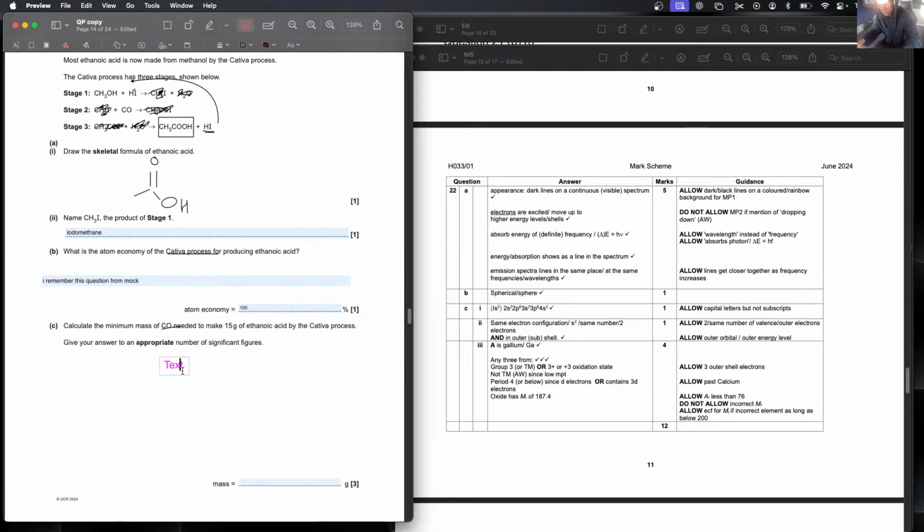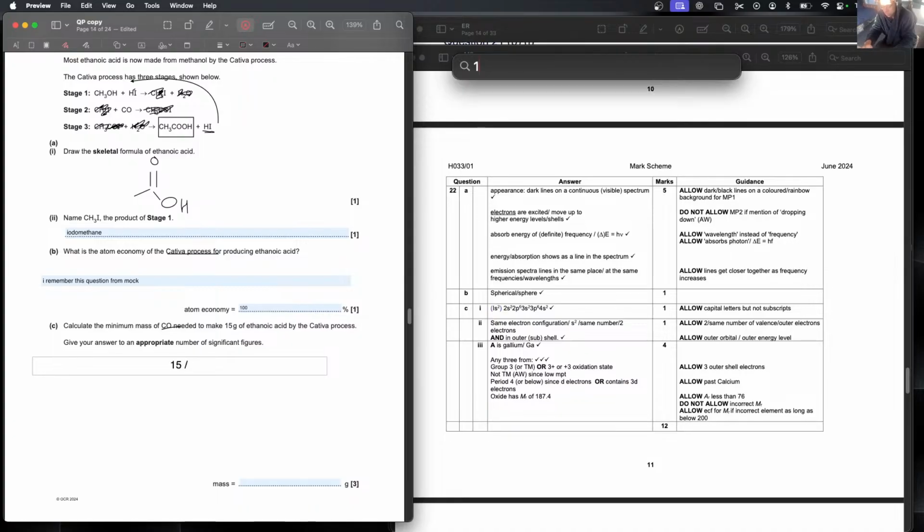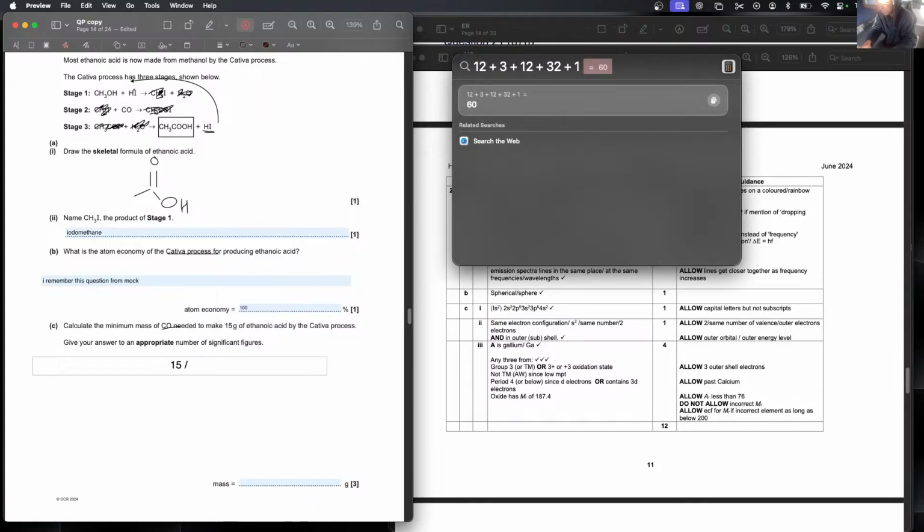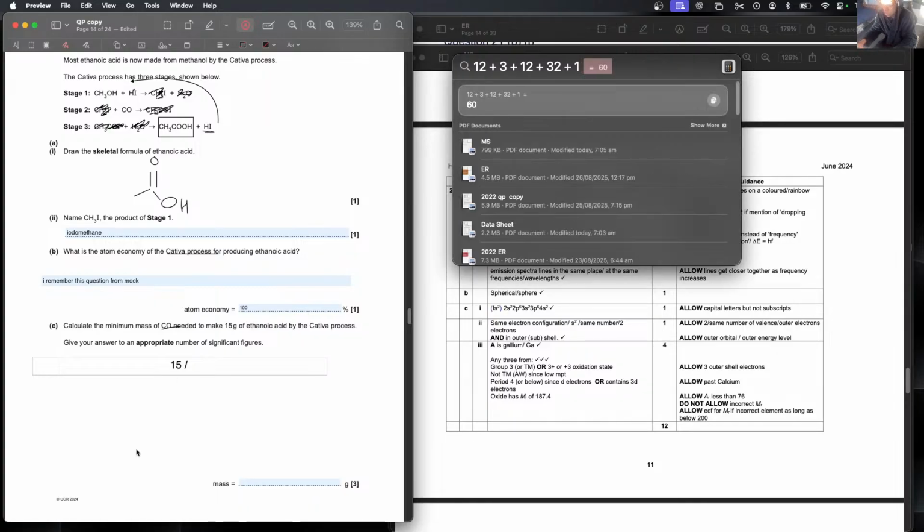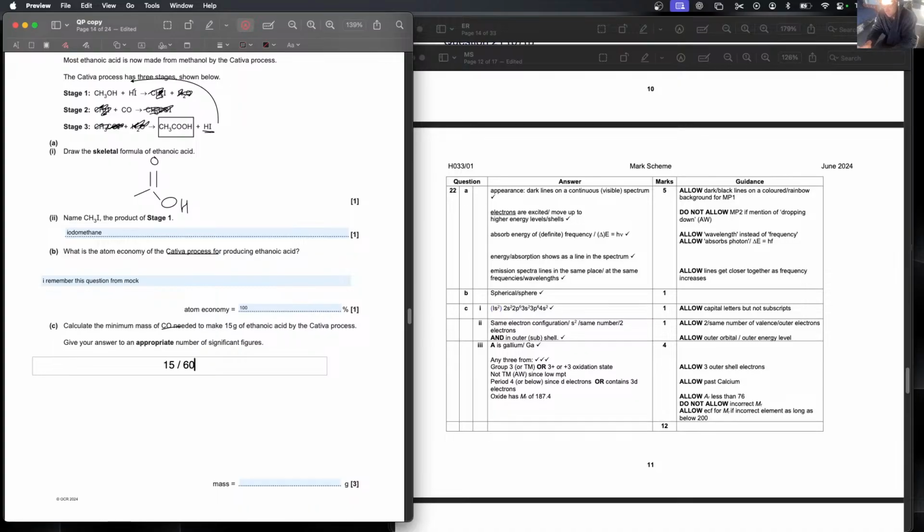Okay, so we're gonna do just some very, very smart maths because I have a very large and huge brain. 15 grams of methanol. We got 15 over 12 plus 3 plus 12 plus 32 plus 1. Okay, that's a quarter over 60 equals 0.25 moles.